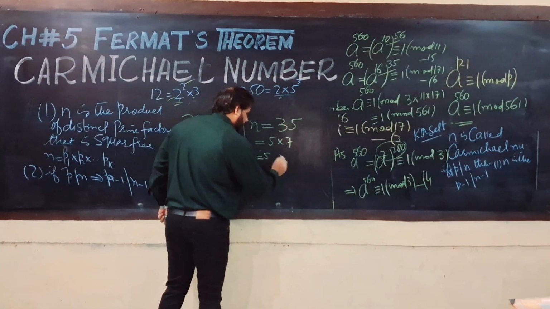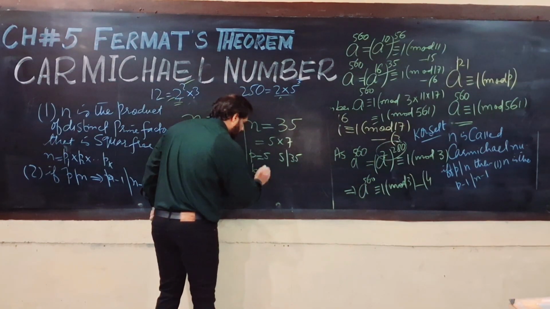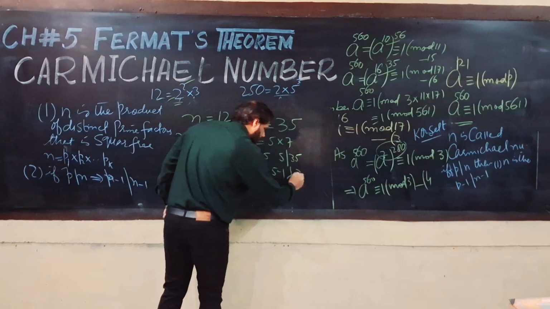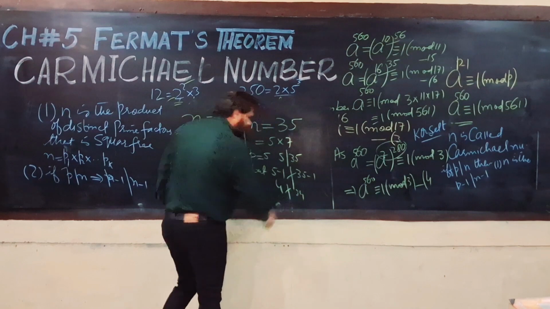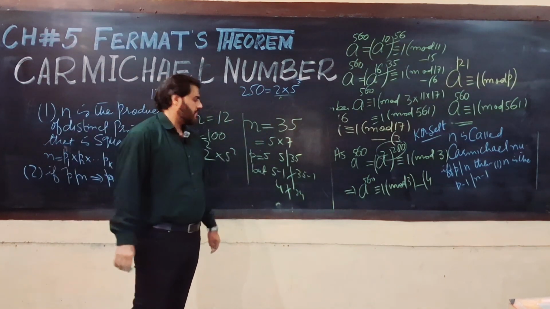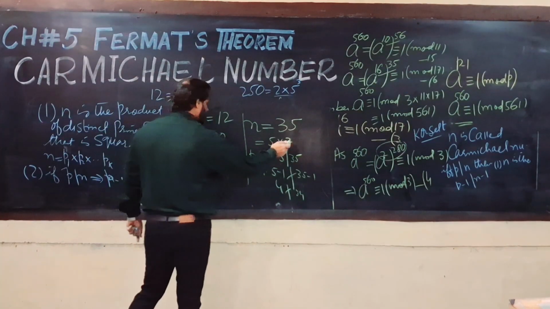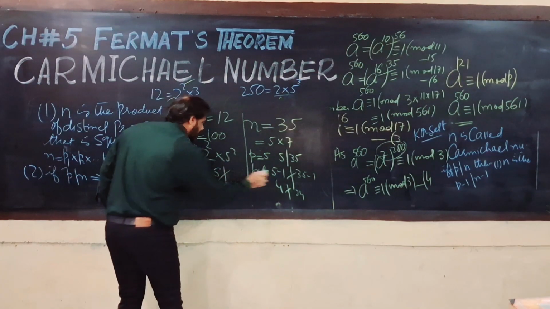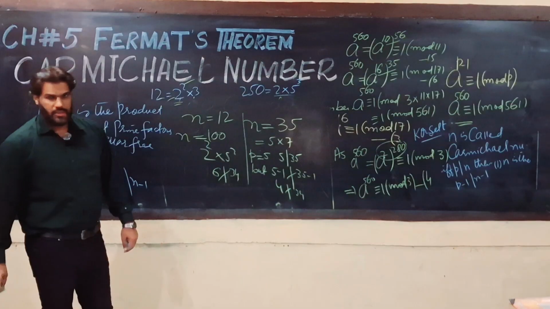You can notice that 5 divides 35, but 5 minus 1 does not divide 35 minus 1. That is, 4 does not divide 34. So the second condition does not hold here. Similarly, if you take the second prime 7, then 7 minus 1 is 6, and 6 does not divide 34. So 35 is not a Carmichael number.